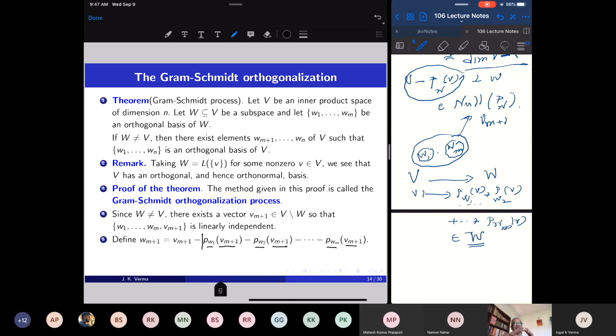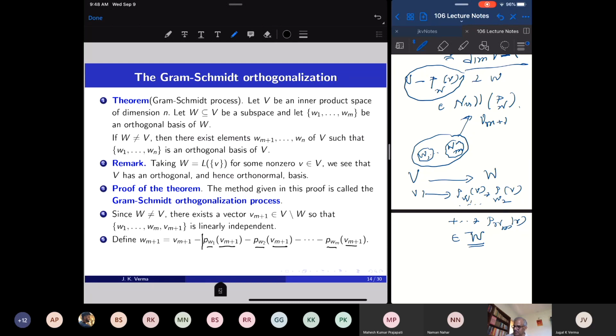So given a big vector space, I have a vector in that big vector space and a smaller subspace. I always think of a plane passing through the origin, and an arbitrary vector in R3. I want to project that vector inside this subspace. This is the natural way to do that: take the projection of V in each of the directions of the orthogonal basis W1, W2, up to Wm, and then take their sum.